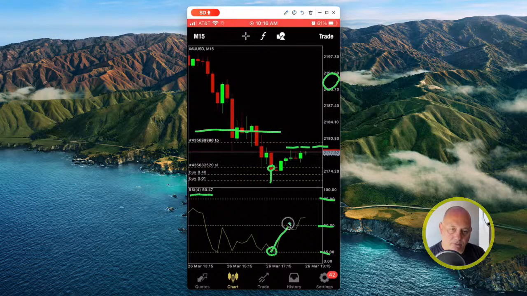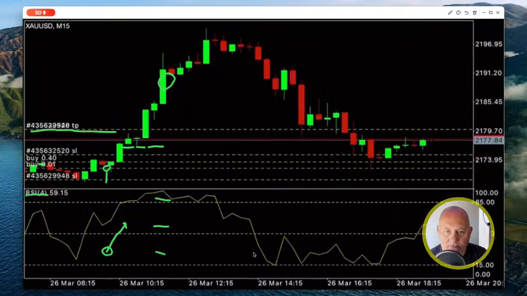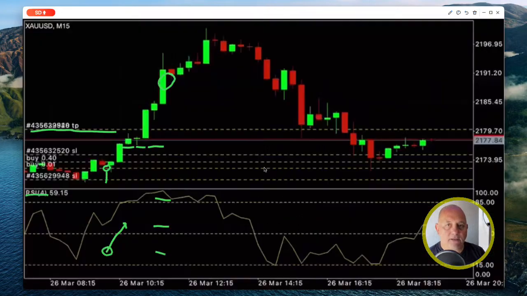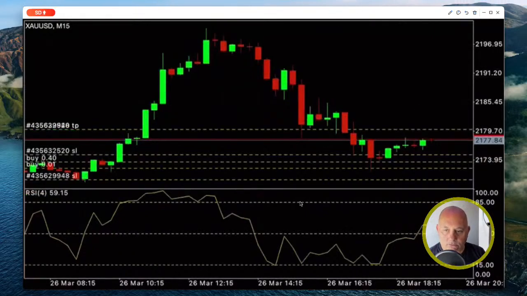It goes up. So I enter. The system was already telling me to buy gold. Oh, there we go. We just turned sideways. Let me fix this. The system was already telling me to buy gold. So I was like, obviously, but I'm going to wait for it to touch down here.